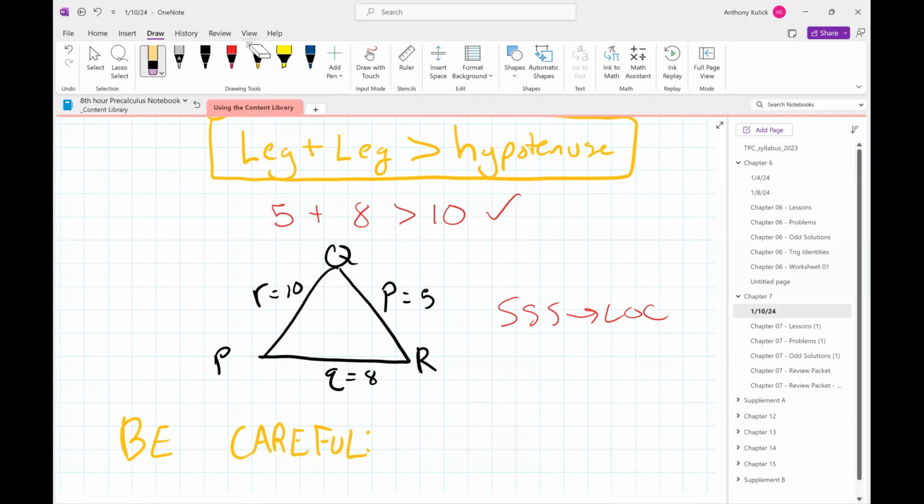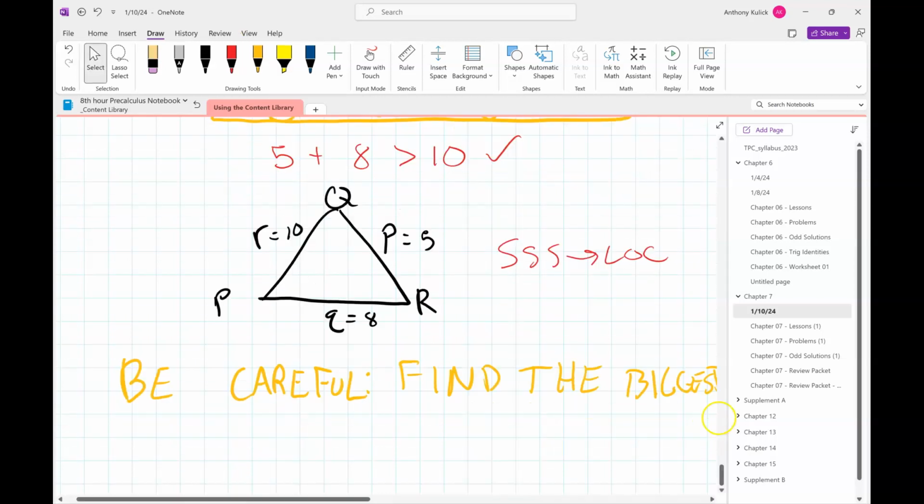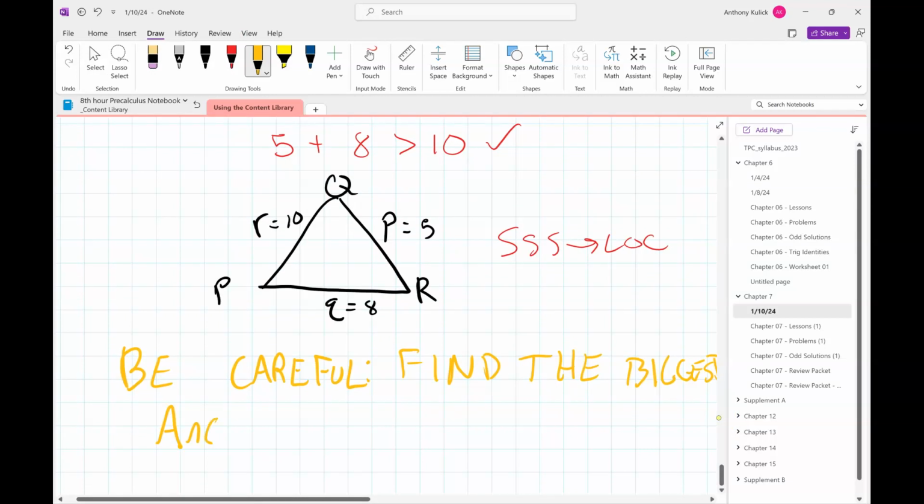In the case here where we don't have any angles yet, we want to find the biggest angle first.